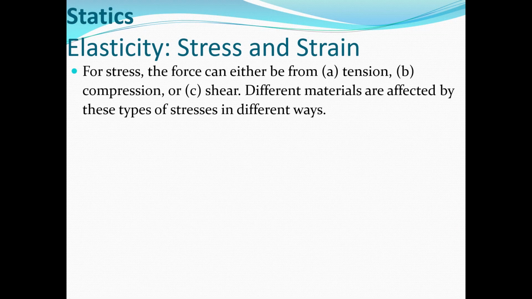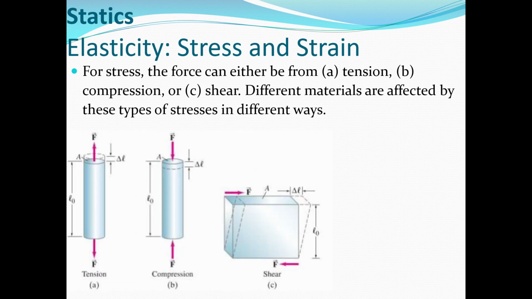Now, there are three different types of stresses that you can have. You can have stress caused by tension, stress caused by compression, and stress caused by shearing. So tension, what we've been dealing with, is where we stretch it out. It's getting longer. Compression is it's getting pushed together and getting smaller.